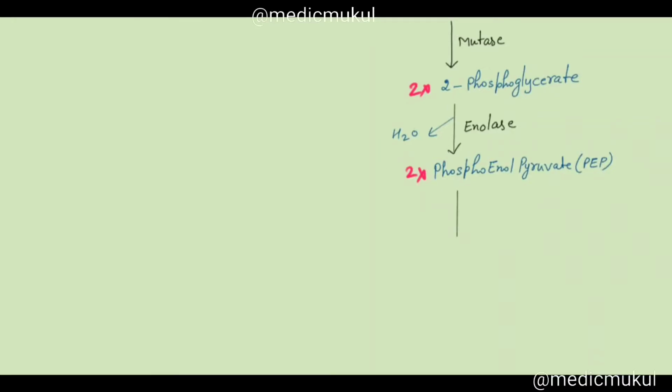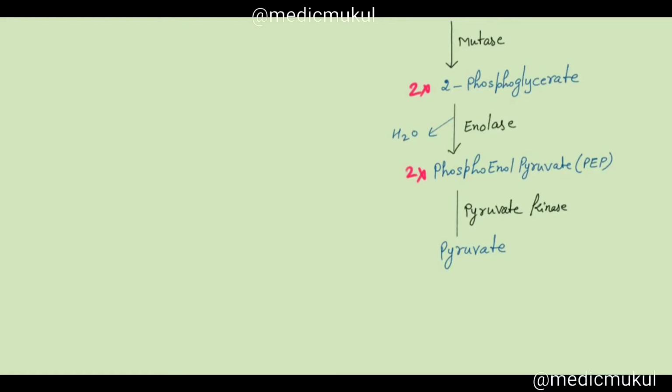I'm converting phosphoenol pyruvate into pyruvate. So I hope now you can tell which enzyme will be used here. That is again kinase, because one phosphate is being removed here. So that is pyruvate kinase. I know you are a good student, so it will become pyruvate.